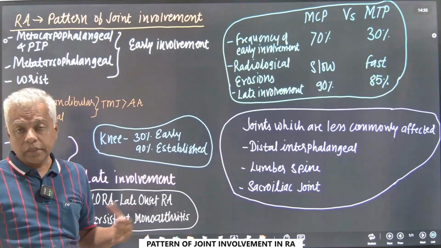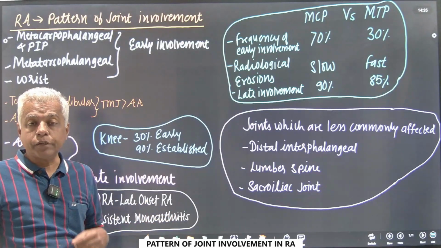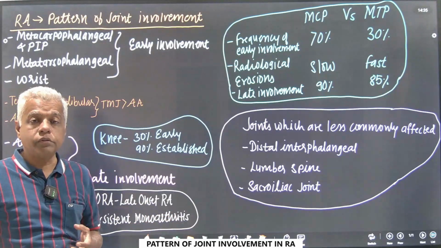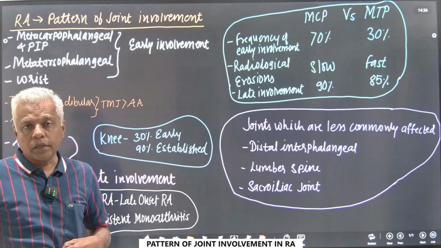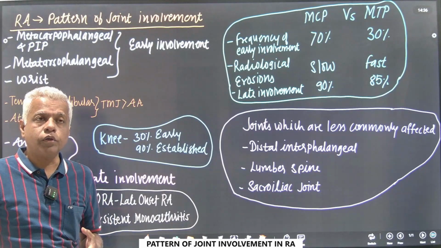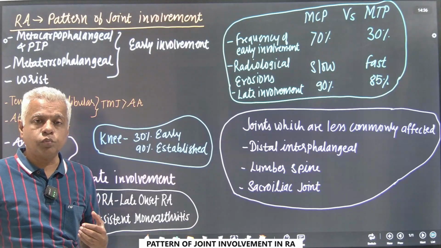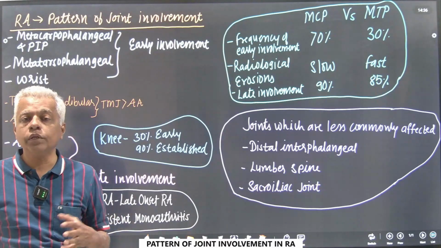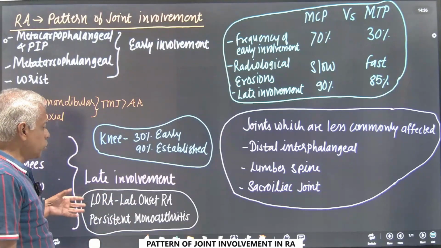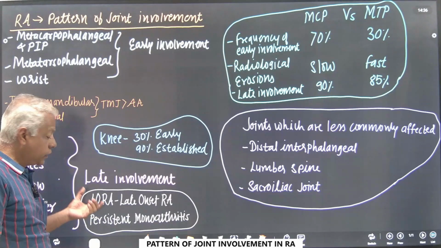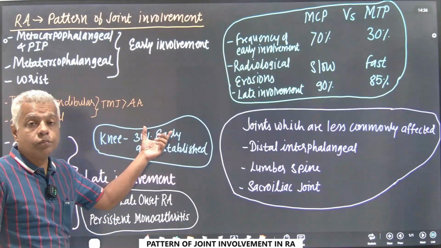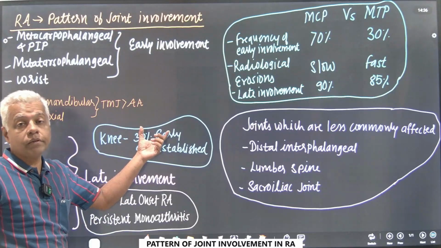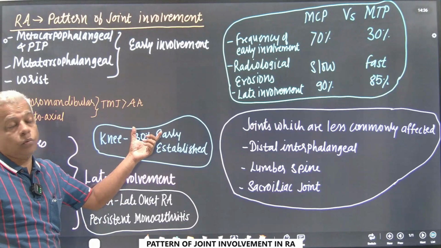We call it late onset rheumatoid arthritis if it is occurring in an individual of 60 years of age or more than that. Okay. So if rheumatoid arthritis is occurring in individuals in the 60 age group or more than that, then we call it late onset rheumatoid arthritis. And in this late onset rheumatoid arthritis, involvement of the knee in the early phase of the disease is very common.